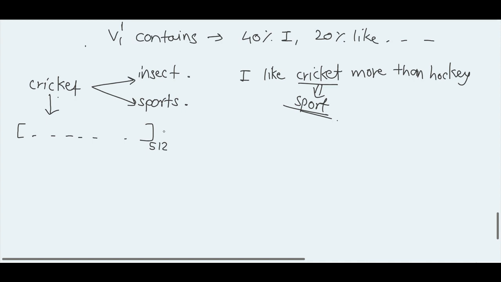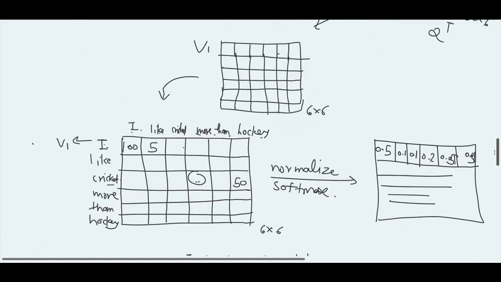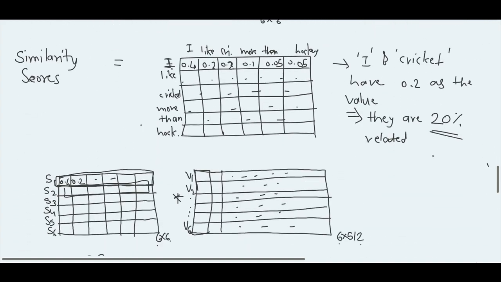The problem was that even with this sentence, the word cricket contained the same numbers. It also contained information about insects. Even looking at the sentence, that's what we wanted to teach the computer, that we are referring to sports.